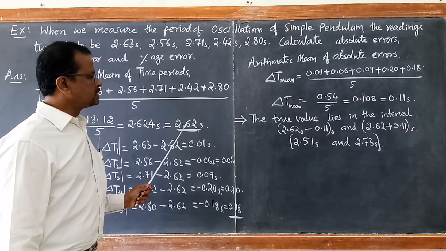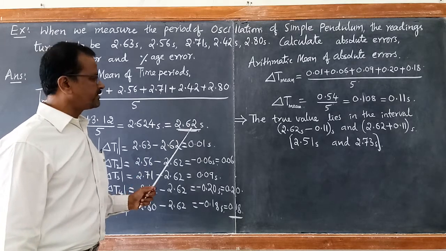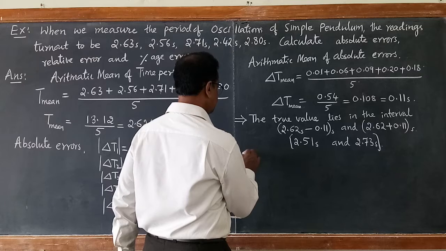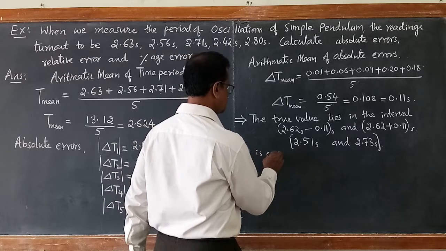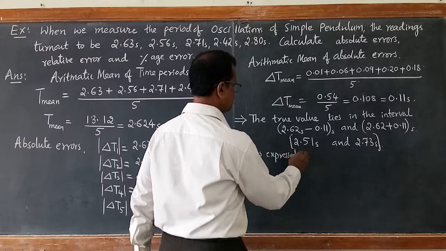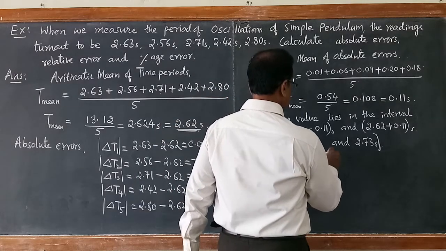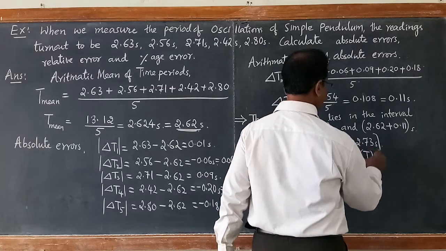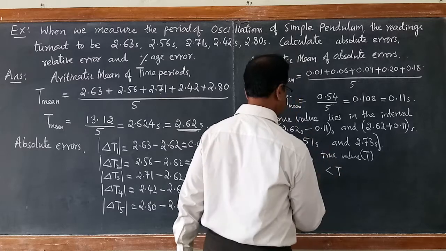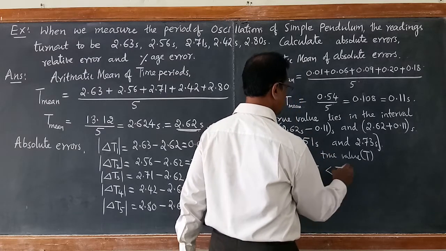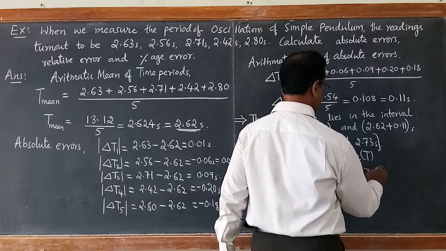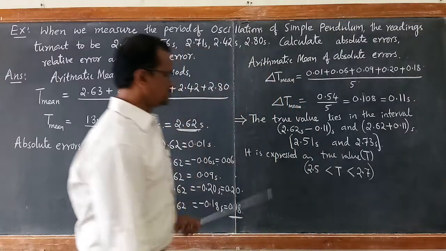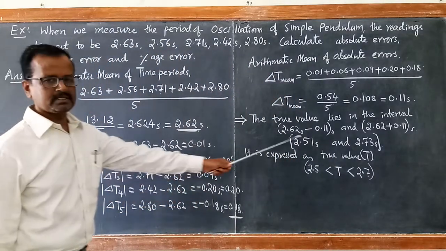So the true value T lies in between 2.5 and 2.7, up to first decimal point.